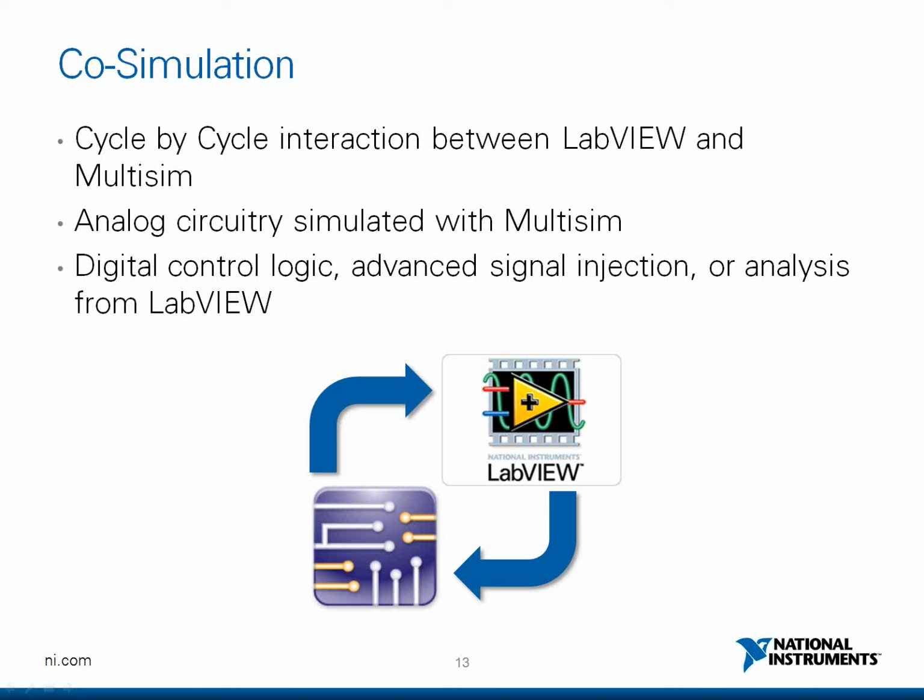So here you have cycle-by-cycle interaction between LabVIEW and Multisim. The analog circuitry does the processing and gives it back to LabVIEW for display. LabVIEW gives the signal that you're trying to process to Multisim itself. So you use the control as well as advanced signal injection or analysis from LabVIEW.